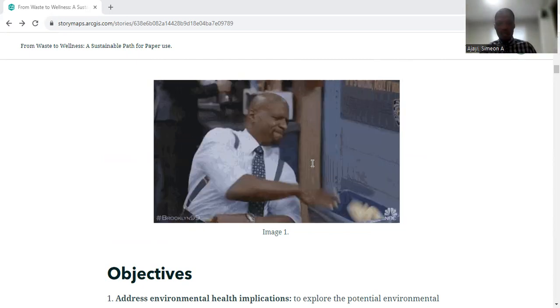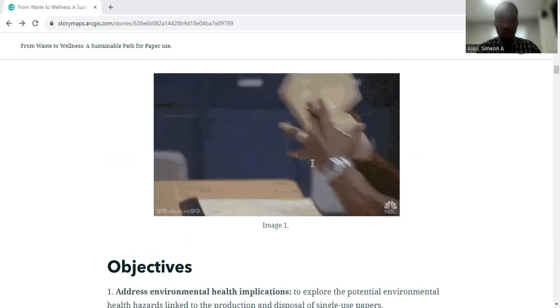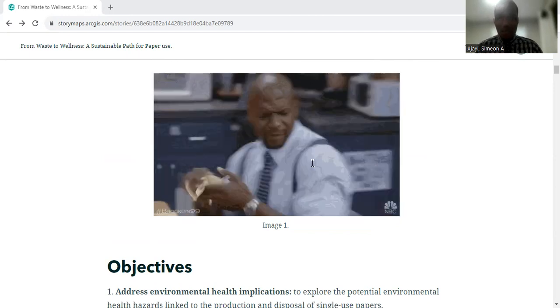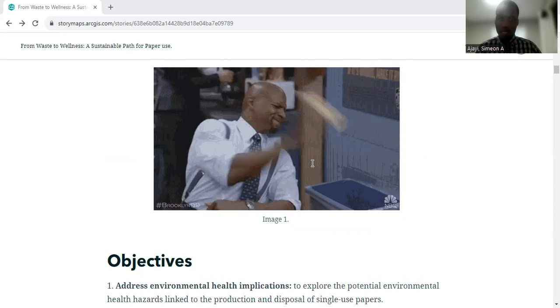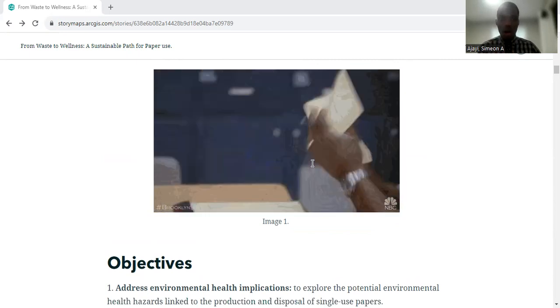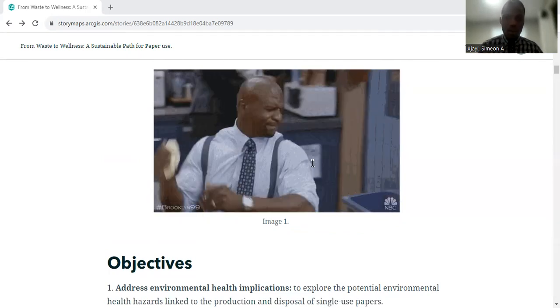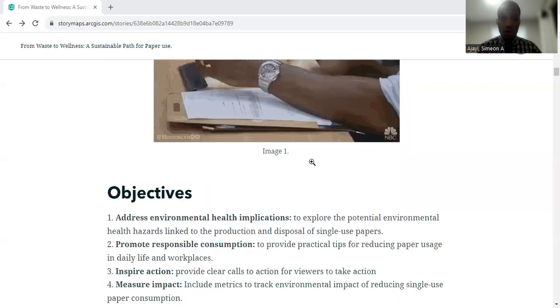So that's an actor. He can be seen trying to dispose of a paper, and he doesn't look happy disposing of it anyway. So this, of course, shows the minor way that we contribute to paper waste, and its consequential effect on the environment.